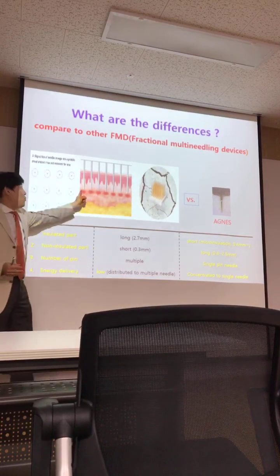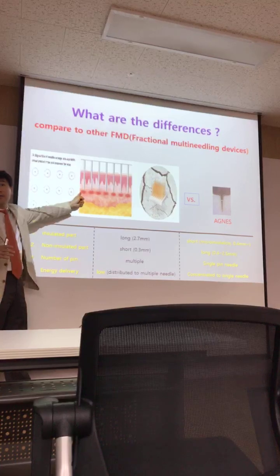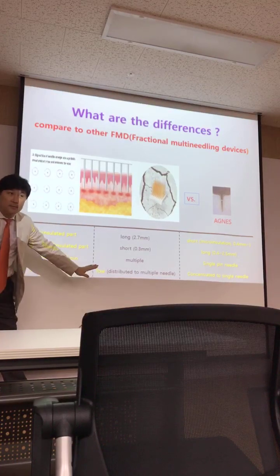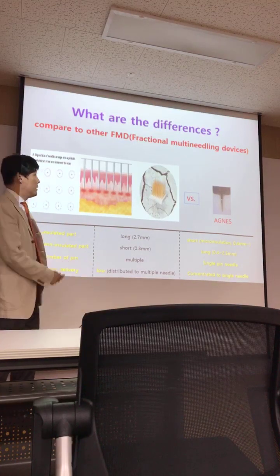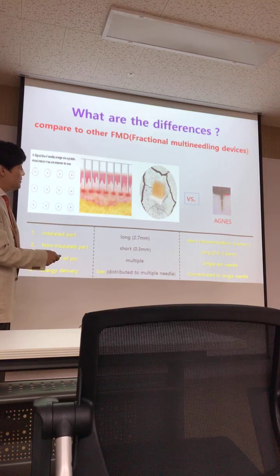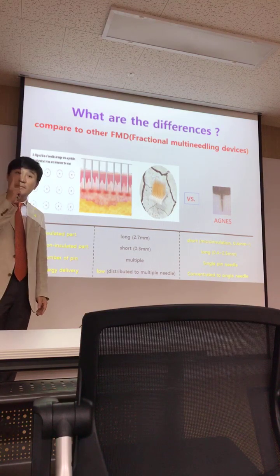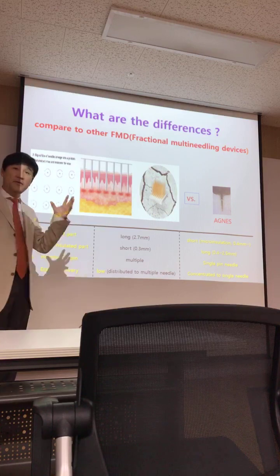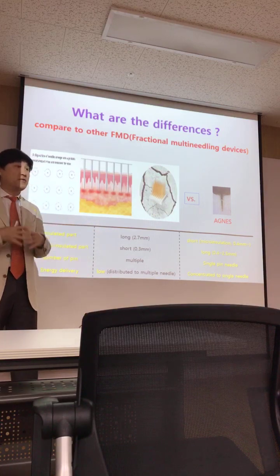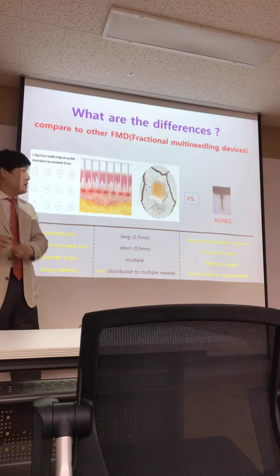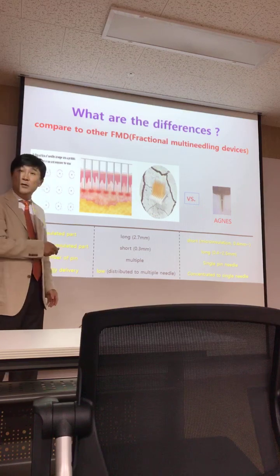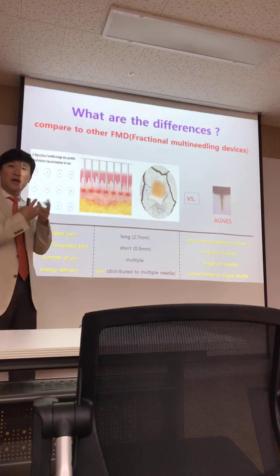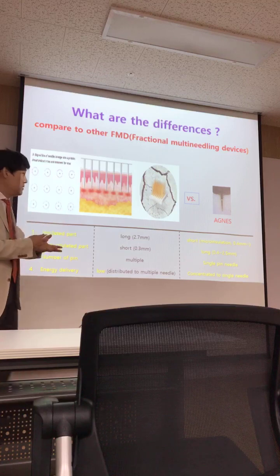Each single needle delivers very low power. But Agnes has only one single pin, so all the power generated from the body device can be concentrated on the single needle. So we can give very high power to the target.